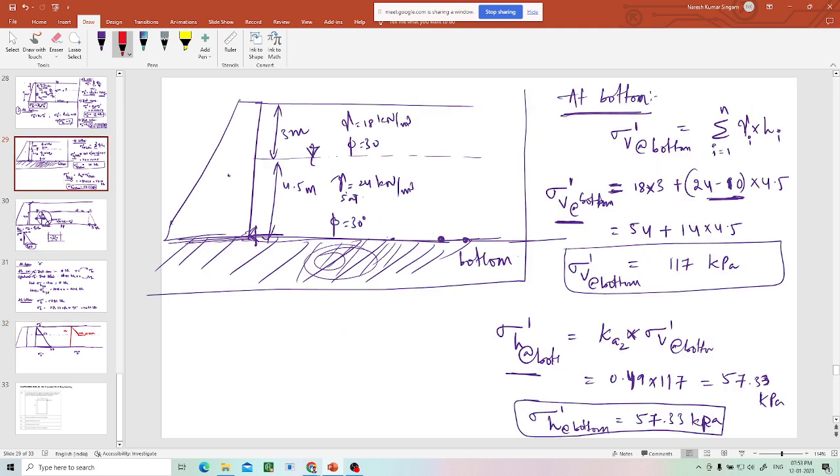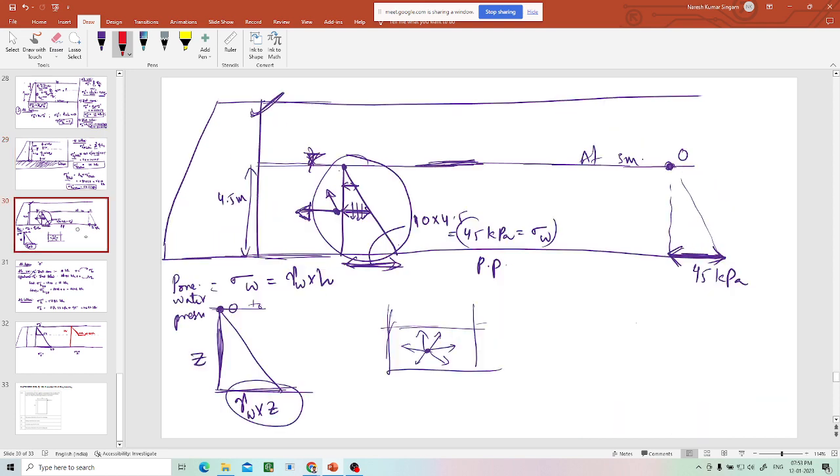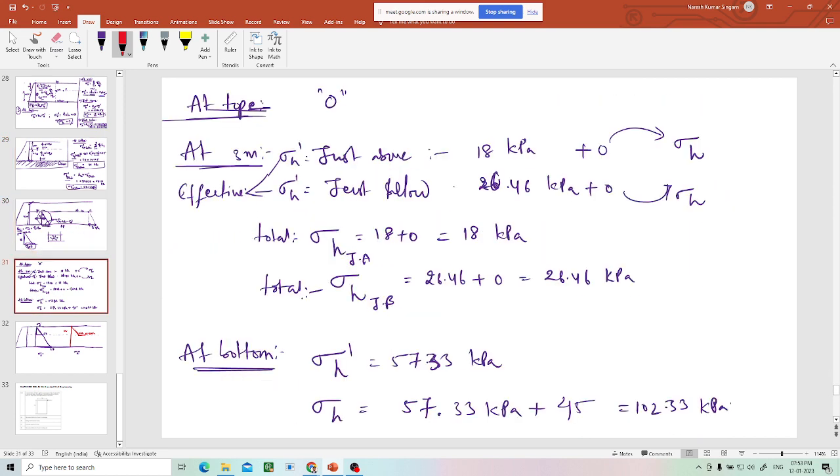Now at the bottom, how much? It is not just 57.33. It is 102.33. First 0 at the top, then at 3 meters, 18 and 26.46.